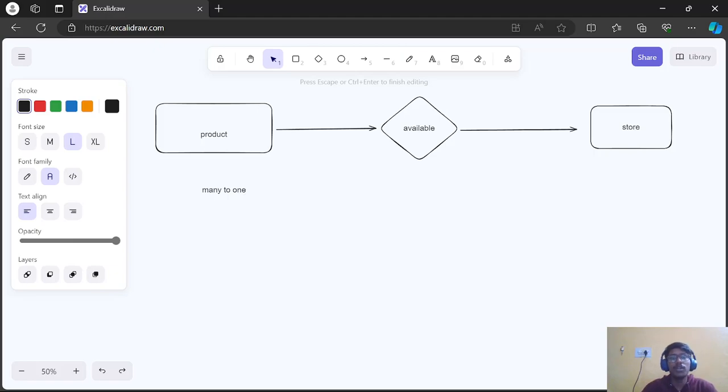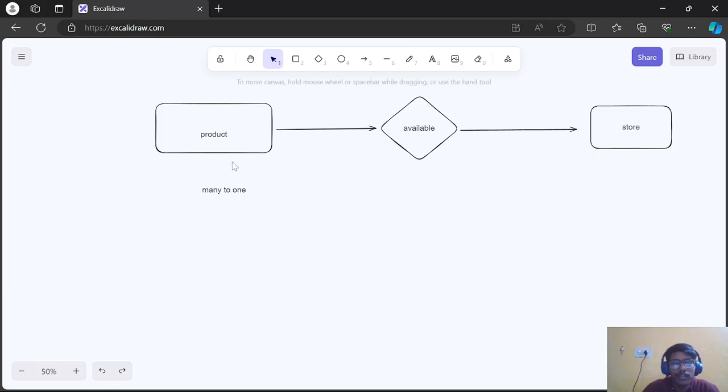The relationship between the product and a store would be a many to one relationship. So this is all about the relationships present in the ER diagram. So far we have discussed the entities, the attributes, the shapes, and the relationships present in the ER diagram that we are going to draw now.